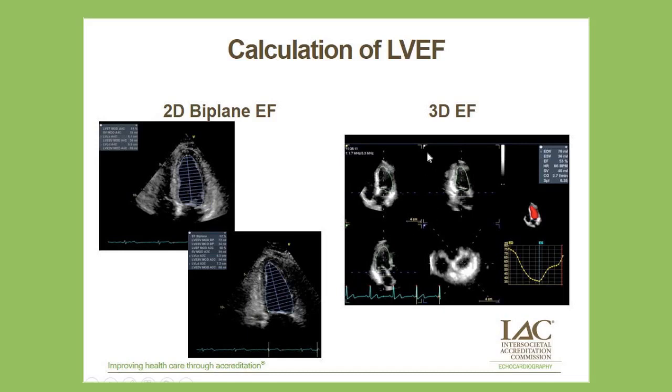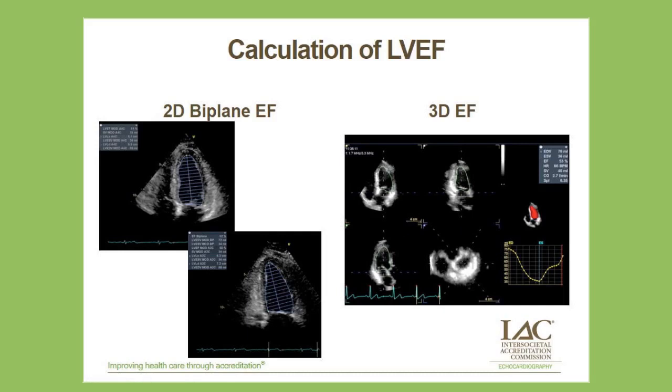In addition to that, if you have 3D capabilities, you could also do a 3D ejection fraction and volume there as well. This is a little more difficult for a sonographer to do from the 3D perspective. And keep in mind, too, that contrast really doesn't work with 3D.